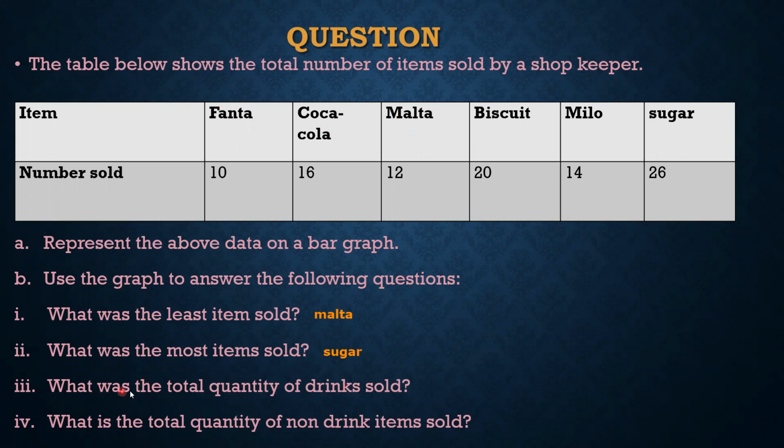So what was the total quantity of drinks sold? It means we are going to add the drink items here, which is 10 plus 16 plus 12. So let's add them. 10 plus 16 plus 12.